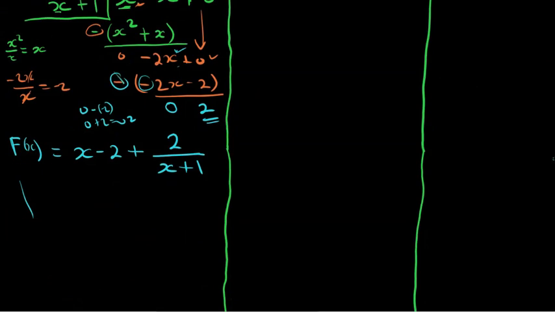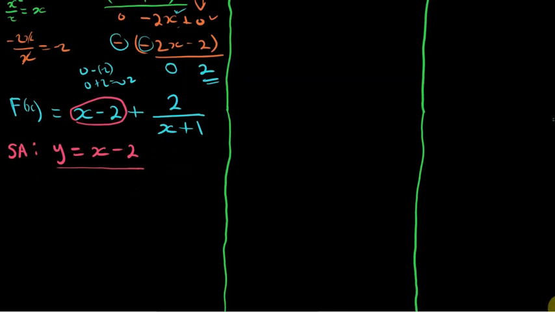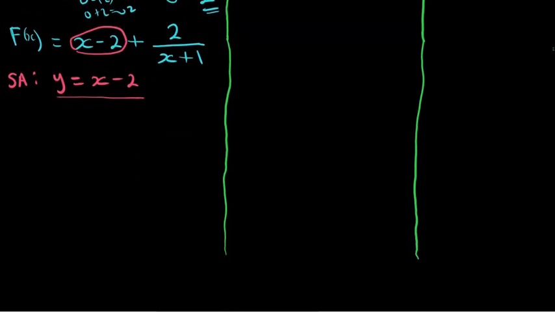So the slanted asymptote is located at y equals x minus 2. We just plot this equation to get our slanted asymptote, a straight line.